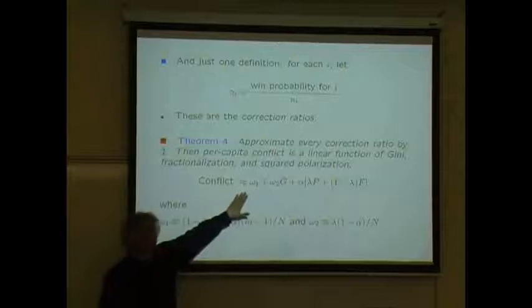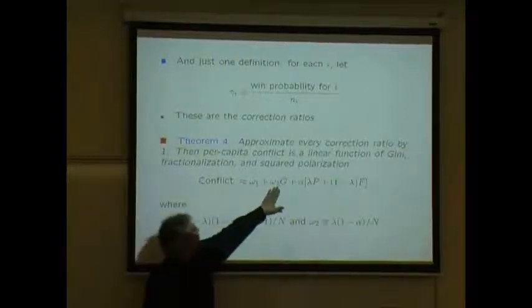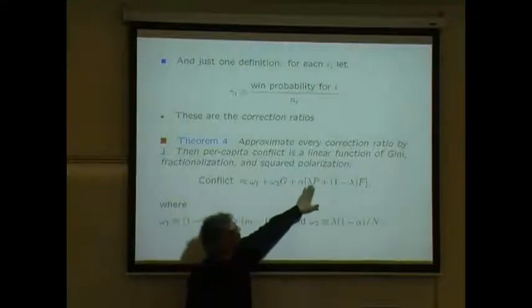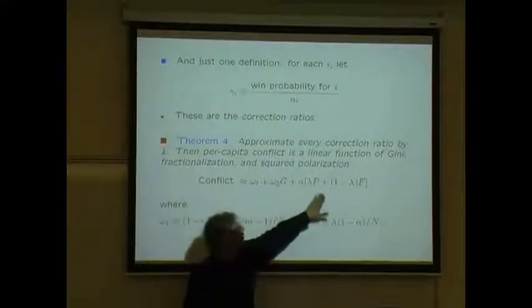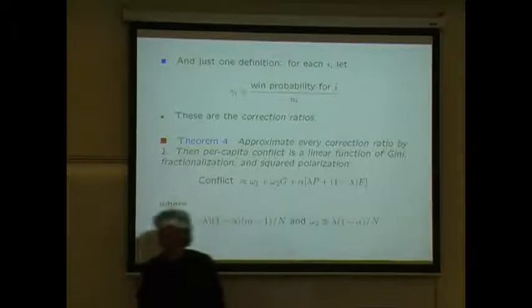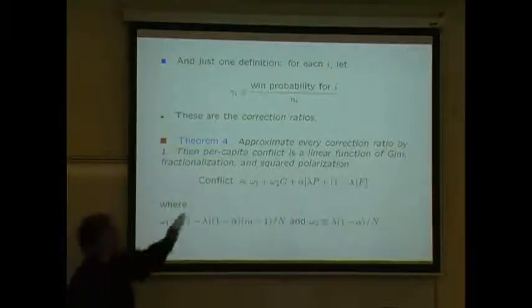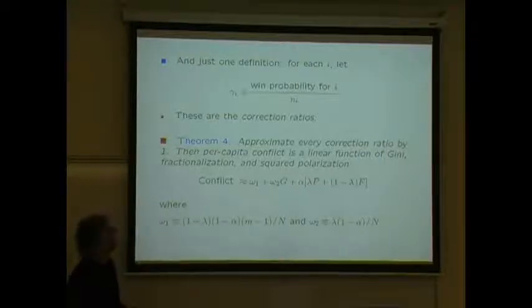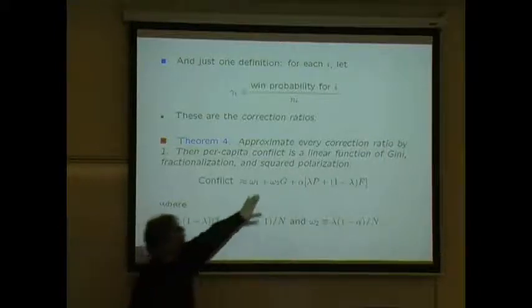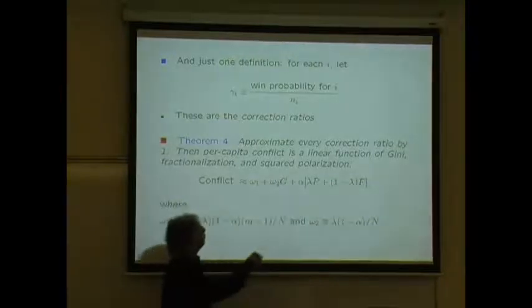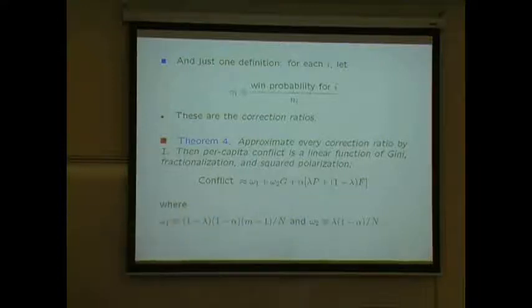An intercept term omega 1, plus a weight on the Gini coefficient, plus another weight on the polarization index, plus another weight on the fractionalization index. I'll tell you a little bit about the weights in a minute. Now, let me explain what this means and what that means.